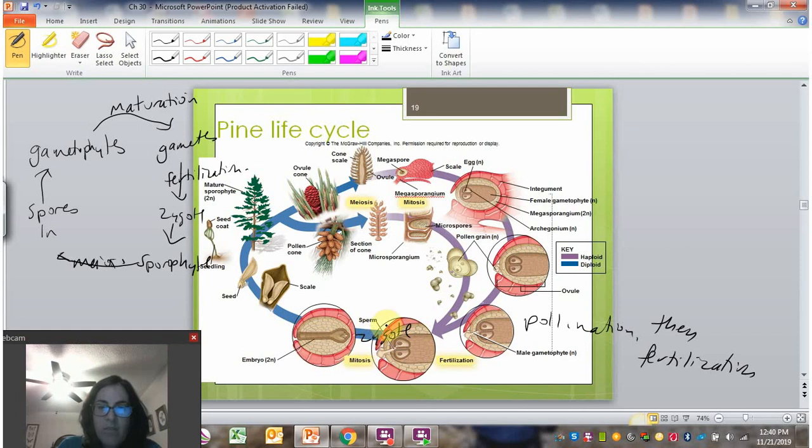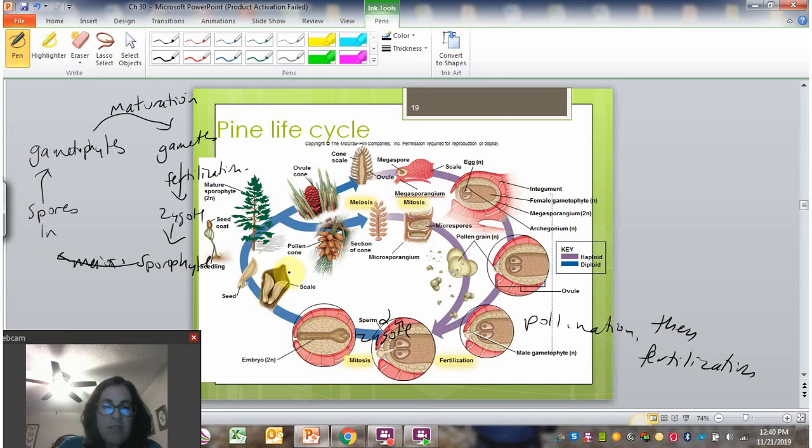The zygote is diploid. It will go through mitosis and form the embryo. So here's our baby embryo plant. This is multicellular. This is going to be a new sporophyte. But for now, it's encased in this tissue inside of the integument. And what will happen is this will harden into a seed coat.